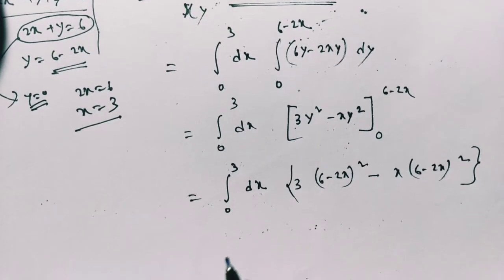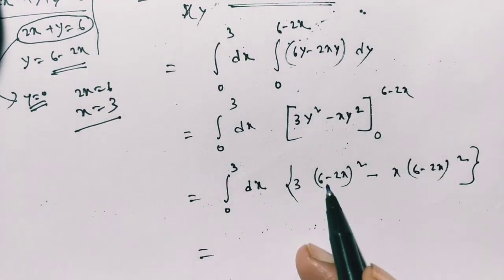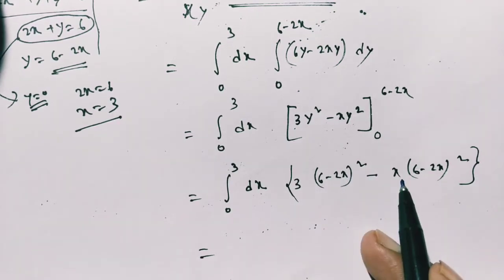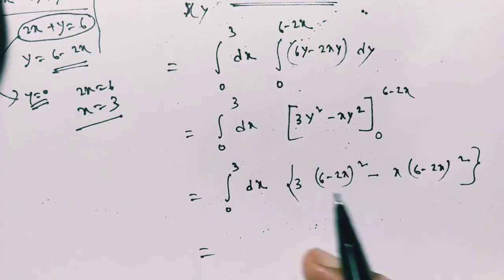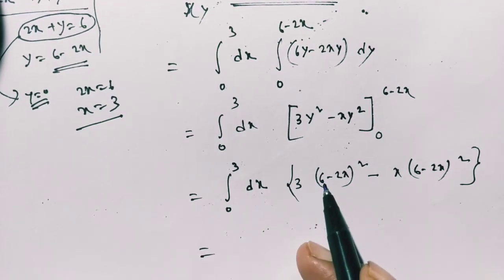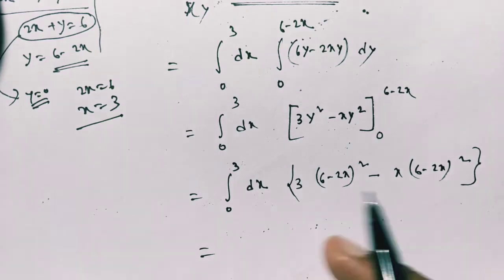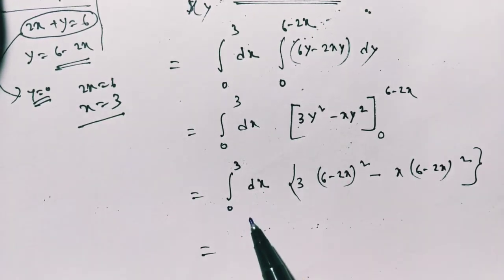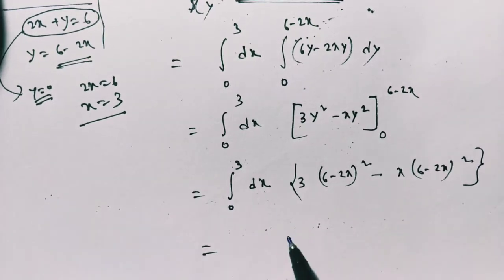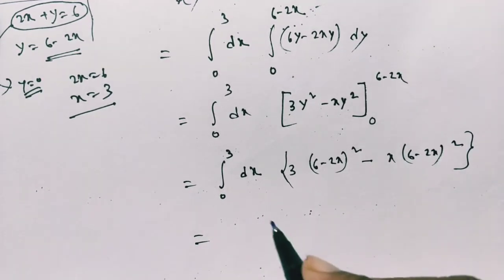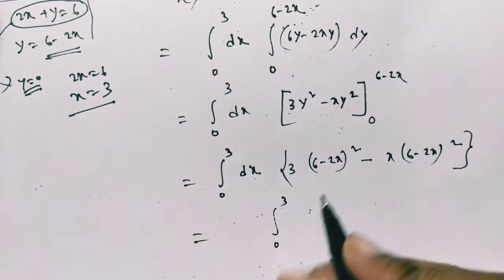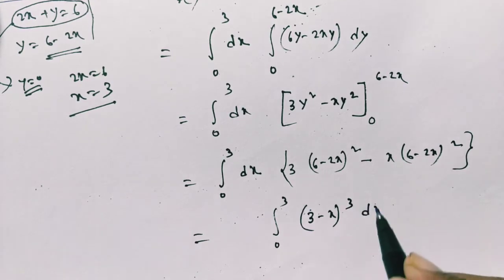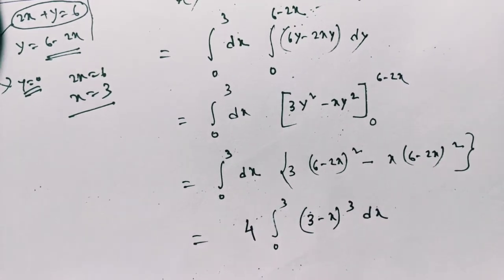If we take 3 common from 6 minus 2x, and here also 3 minus x, then 3 minus x and 3 minus x will be (3 minus x) whole square, and if we take 2 common, then 2 square will be taken out of the integration. With this simple calculation, we get the integral from 0 to 3 of (3 minus x) whole cube dx, and here is 4.